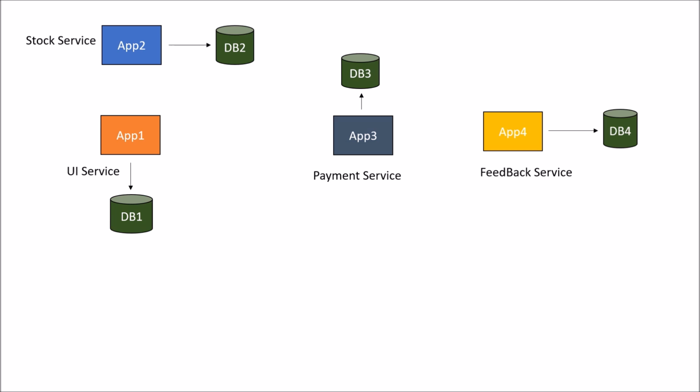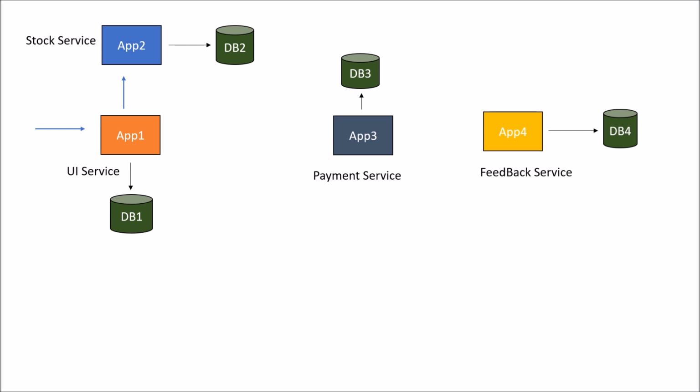not. So as a user, when I go for purchase of stock, the request first goes through the UI service, and at the UI service the request is for selection of stock. The request moves forward to application 2, the stock service, and stock is selected.